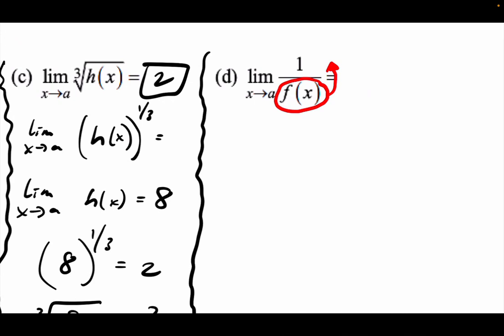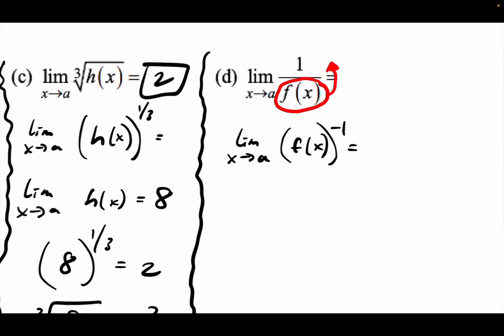To do that, what would I have to use as a power? What power would f of x get? -1 power, right? A -1 power either moves it to the top if it's on the bottom, or vice versa, moves it to the bottom. That's one way to do it.